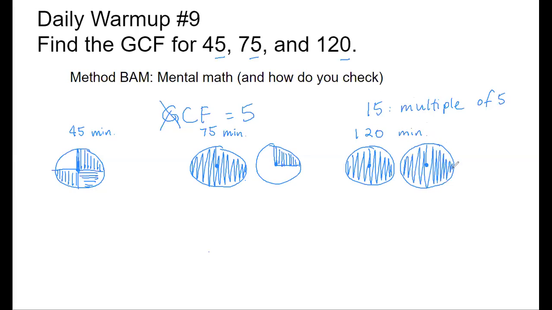Okay, so I can break these up into chunks of 15. 45 is 3 chunks of 15. 75 is what? I know an hour has 4, plus 1 more, that's 5 chunks. This one is 8 chunks.